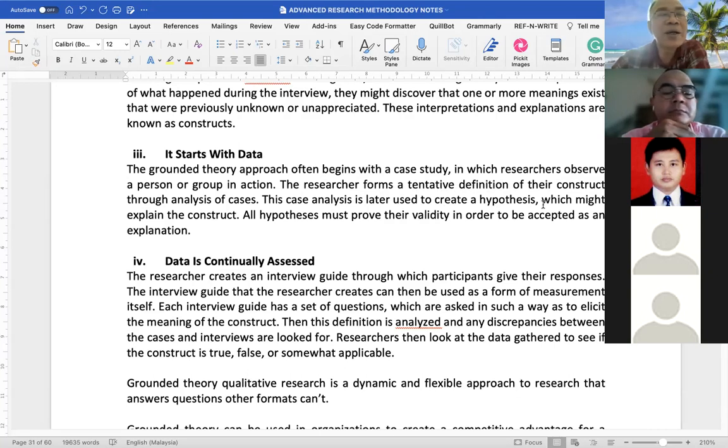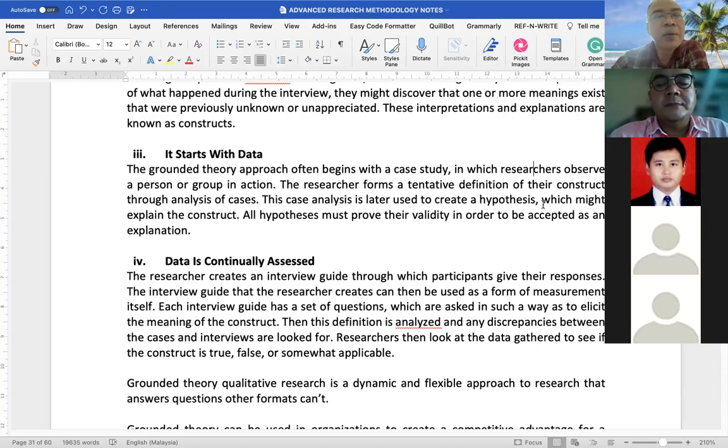So starts with data. Pergi kaji, pergi observe, pergi interview, and then based on that, the researcher will try to form a hypothesis, cuba bentuk hypothesis. Okay, hypothesis yang mungkin boleh menerangkan hubungan di antara sesuatu dengan sesuatu.